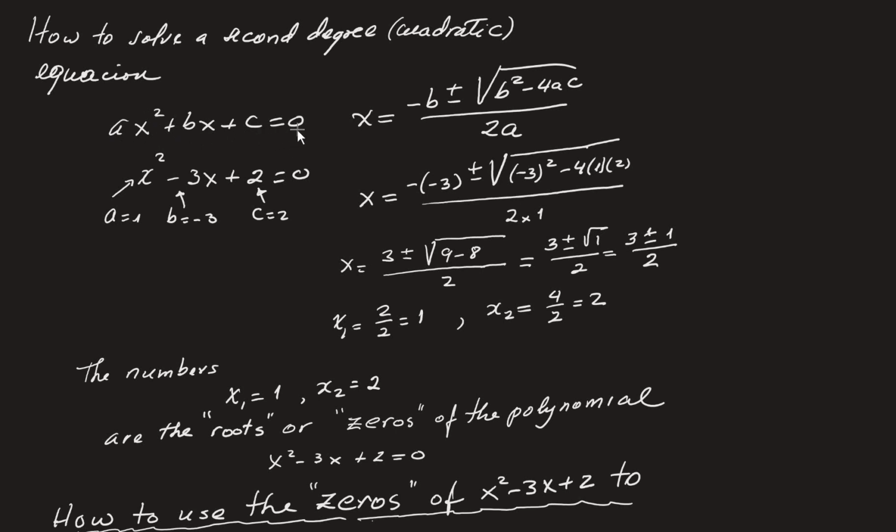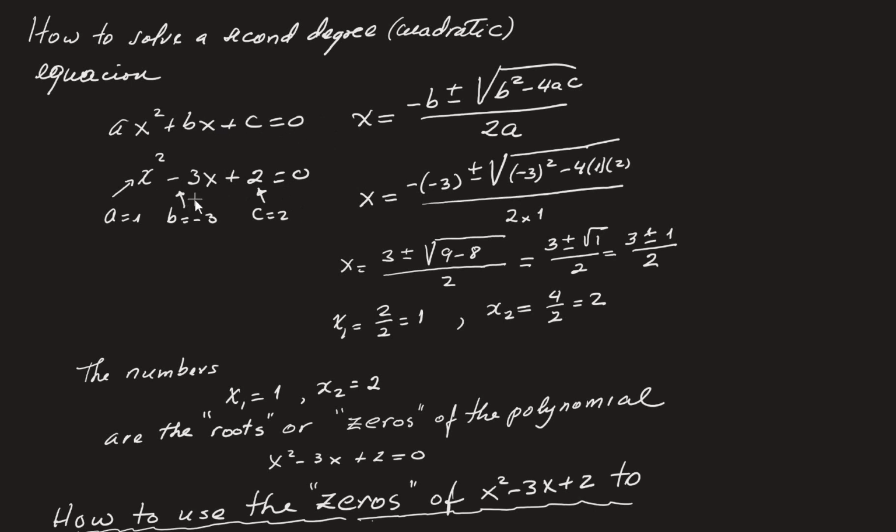It means that when you find the roots or zeros with this quadratic formula, those numbers are such that when you replace them over here, x equal 1 in this case, this has to give 0.